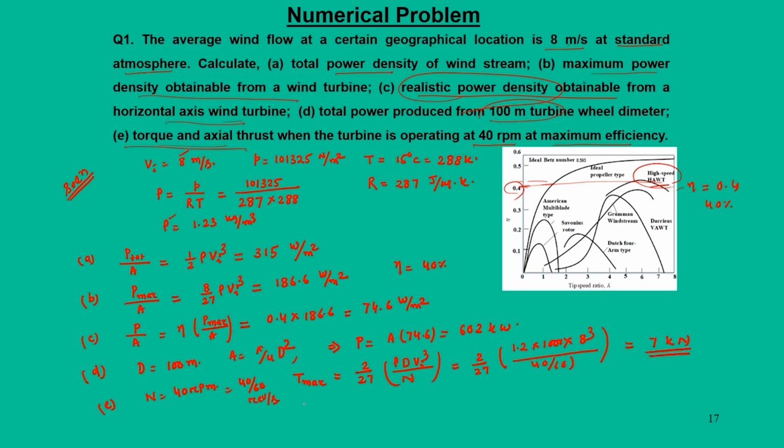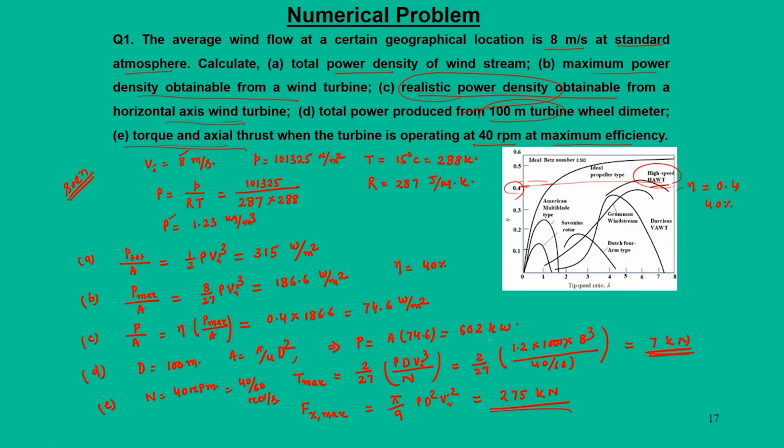And the last term is what is the maximum axial thrust, Fx max. So, this expression is written as pi by 9 rho D square Vi square. So, by inserting all the numbers, we get 275 kilonewton. So, let us try to understand the physics behind things.